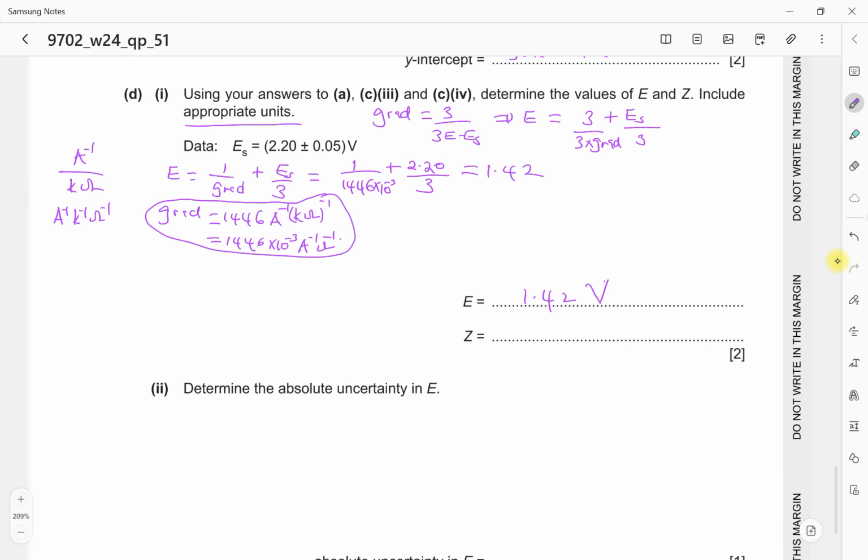Then for Z, you also remember we had an expression for Z with the y-intercept.